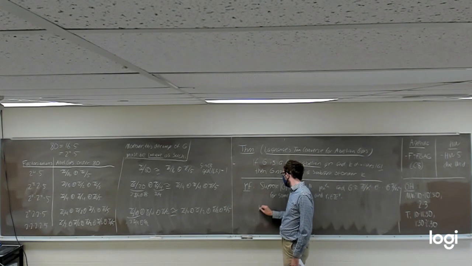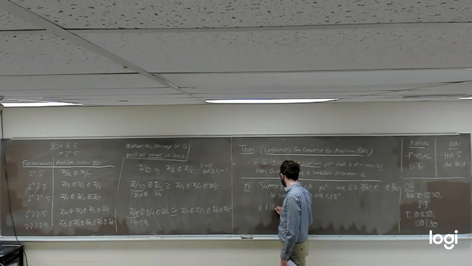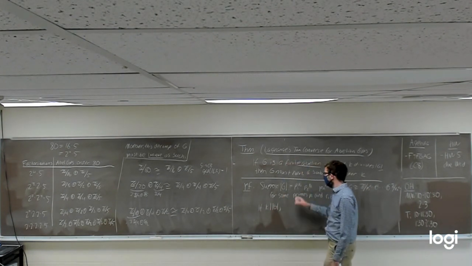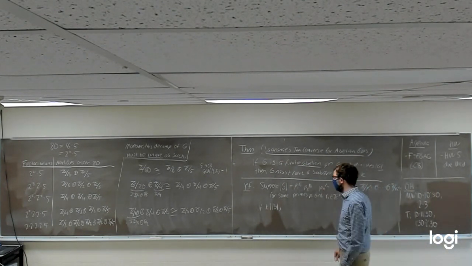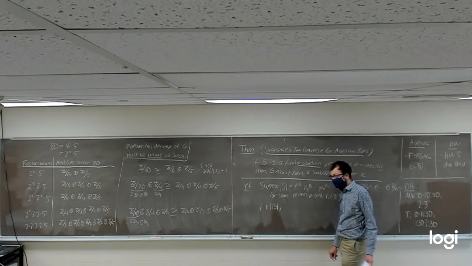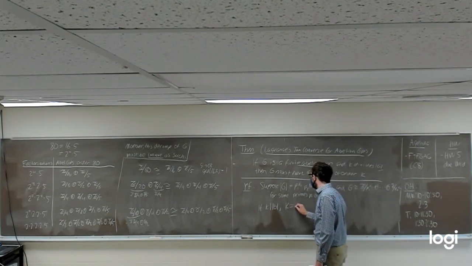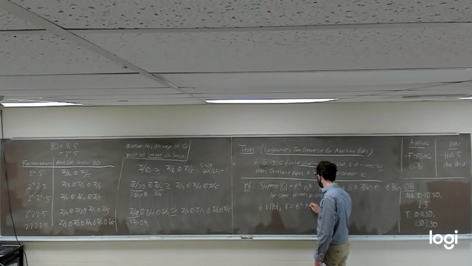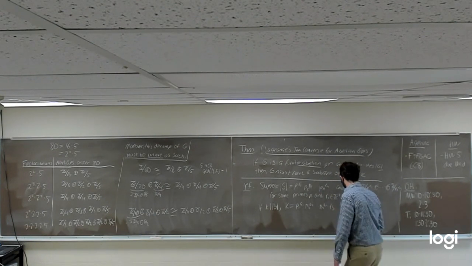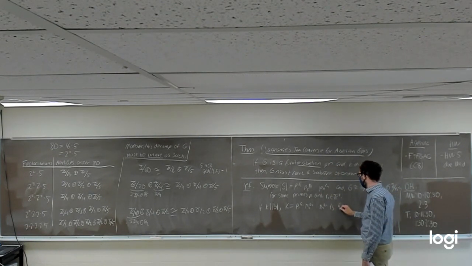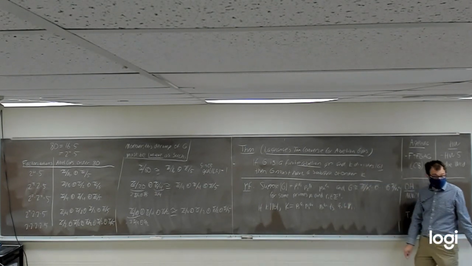And then we could say that if K divides the order of G, meaning K divides this lovely product of primes, we can actually say something about what K has to be. K has to be equal to P1 to the Q1, P2 to the Q2, up through Pn to the Qn, for some Q sub I less than or equal to R sub I. So what am I saying?